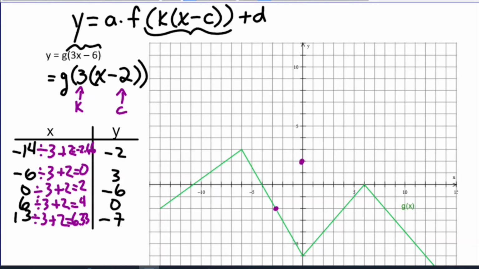Oops, put that in the wrong place, sorry. 2 and negative 6. So 2 and negative 6 would put us here. 6 and 0 would put us here. And that gives us, sorry, it's supposed to be 4 and 0, my mistake.